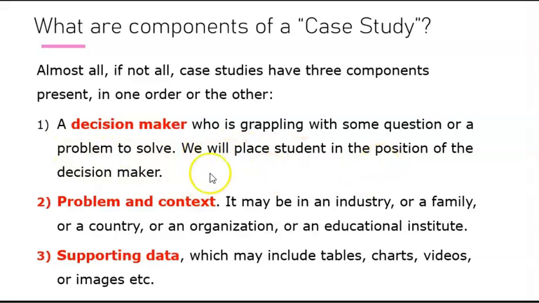We will put the student in the position of the decision maker and ask him to think as to how he can react in a real life situation. And then we'll present the problem itself. It may be in an industry, or it may be in a family, or a country, or an organization, or an educational institution. What is the problem? How the student faces the problem? That should be injected somehow or the other into the student's mind.